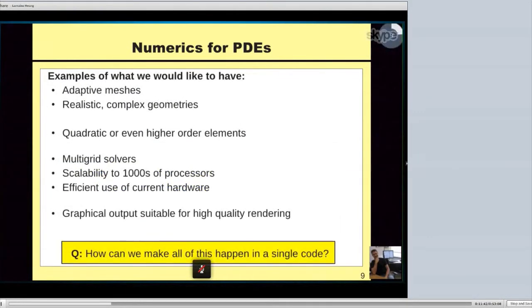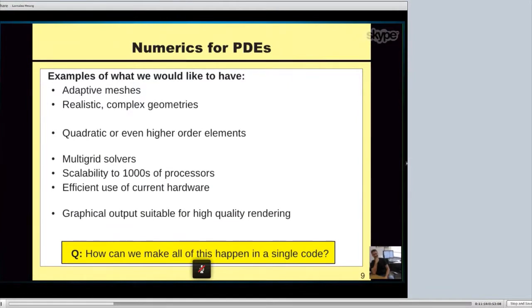For example, we might want to have adaptive meshes. That means we want to have the mesh be fine in regions where something's going on, and to have it coarse in regions of our domain where nothing is happening. Right? Then we certainly want to have realistic, complex geometries.